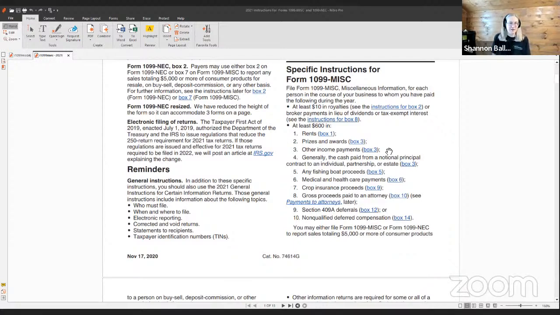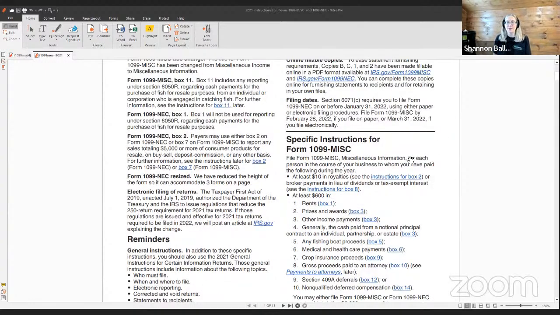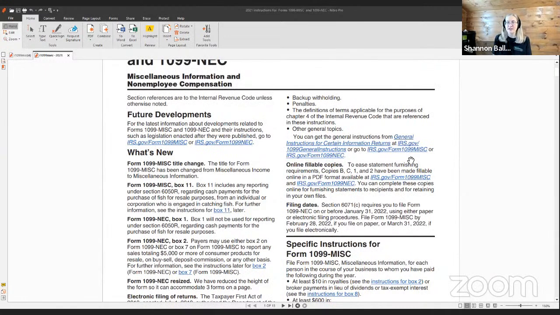Reminders, general instructions. In addition to these specific instructions, you should also use the 2021 general instructions for certain information returns. Those general instructions include information about the following topics: who must file, when and where to file, electronic reporting, corrected and voided returns, statements to recipients, taxpayer identification numbers, backup withholding, penalties, and the definitions of terms applicable for the purpose of Chapter 4 in the Internal Revenue Code that are referenced in these instructions and other general topics.